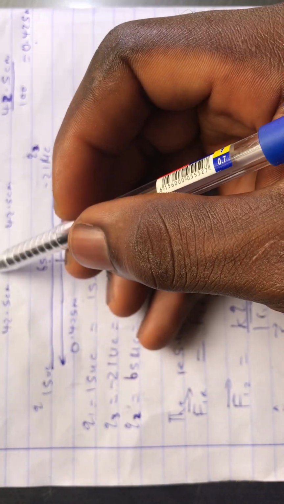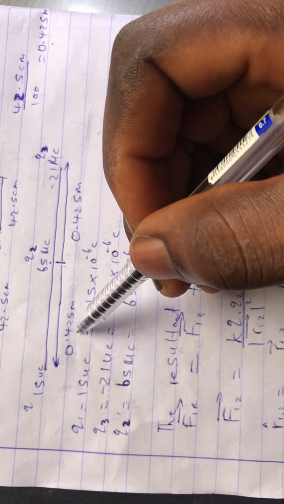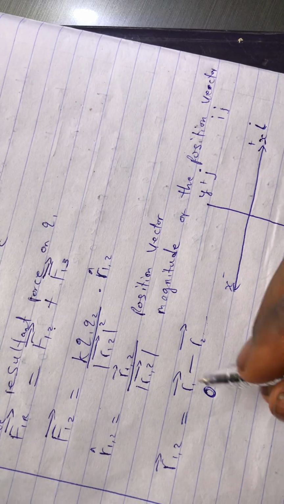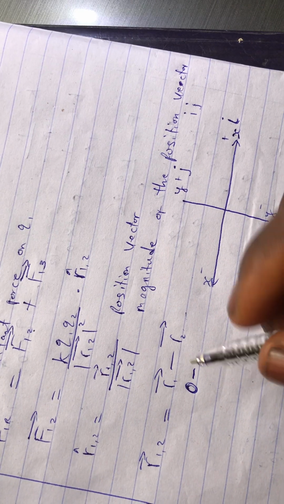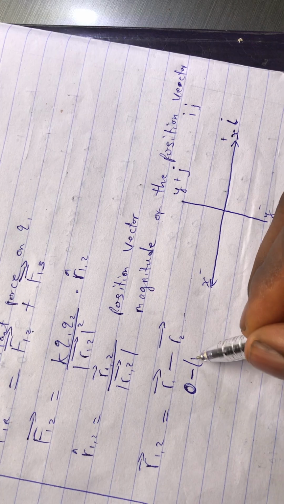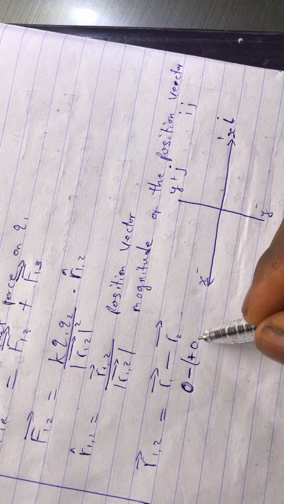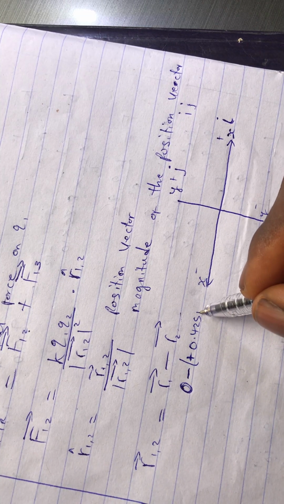And from here to here is 0.425 meters. So what are you going to have? Plus, because we're moving to the positive side, plus 0.425 meters.